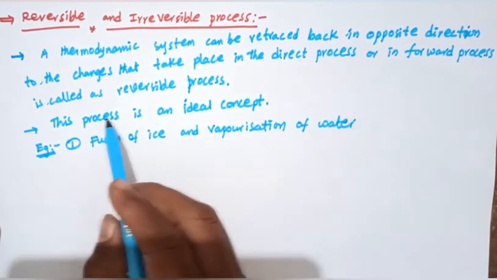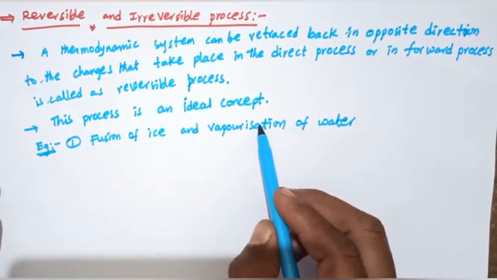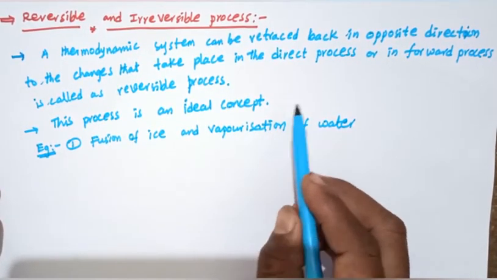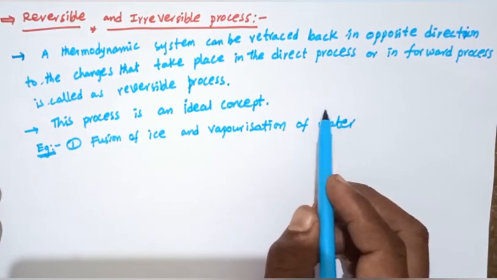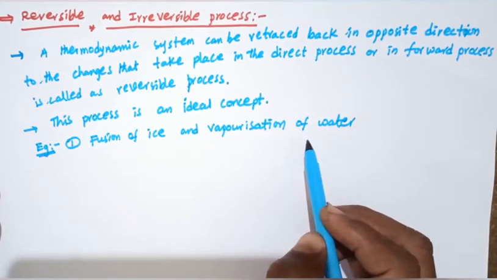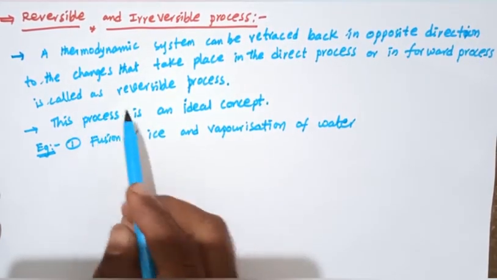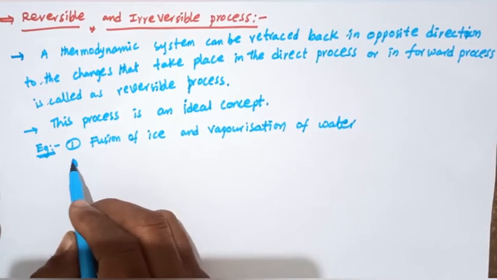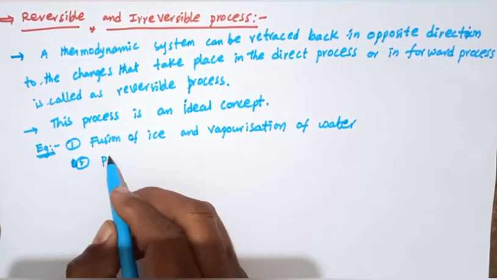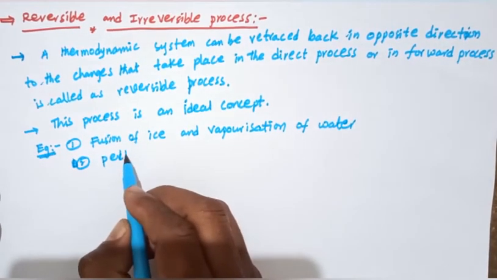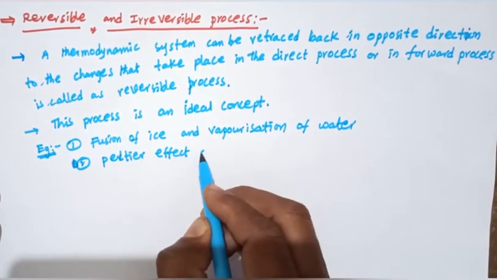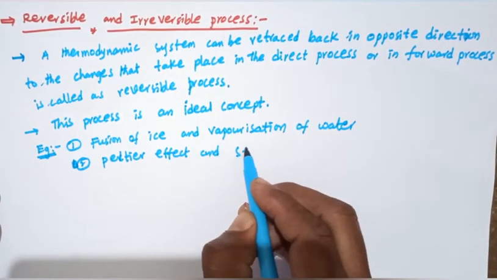It is also a reversible process. When heat is added, after boiling, it is converted to vapor, and when the vapor is cooled down, it is converted back to water. And the second example is the Peltier effect and the Seebeck effect.